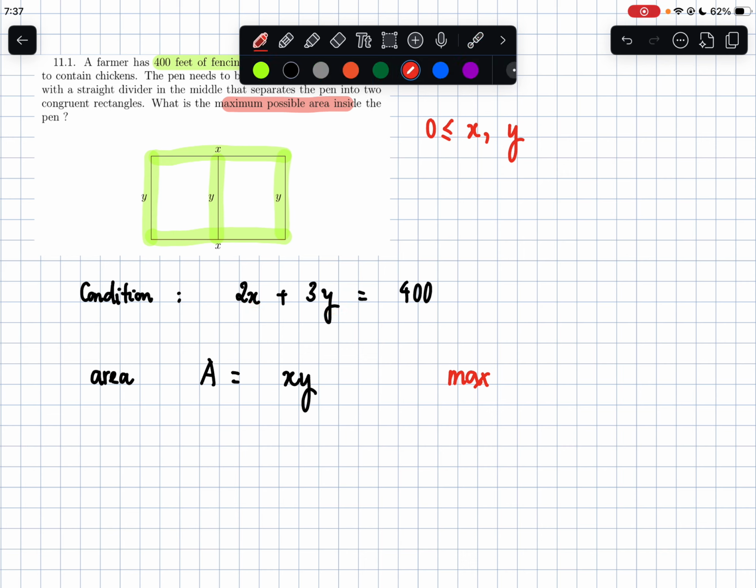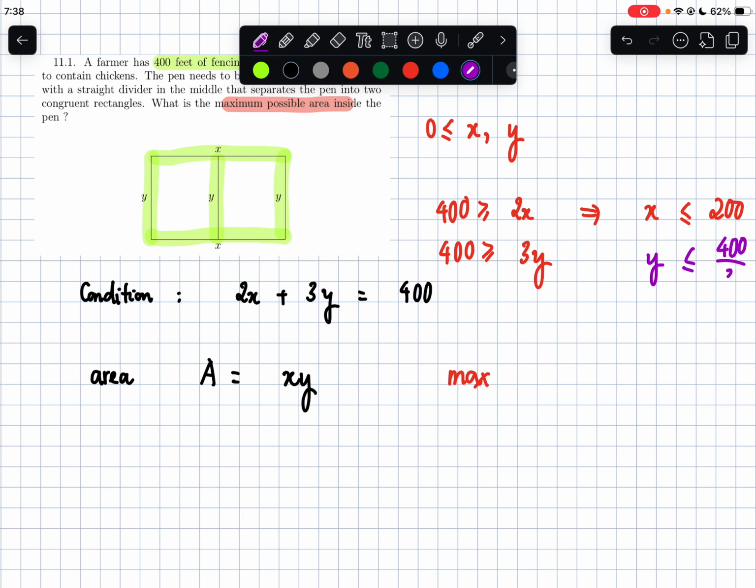So you know that 400 is bigger than or equal to 2x, and 400 is also bigger than or equal to 3y. So this gives us the upper bound for x and y. x is at most 400 divided by 2, 200. y is at most 400 divided by 3. So it seems x is nicer. I will write down the formula here in x.